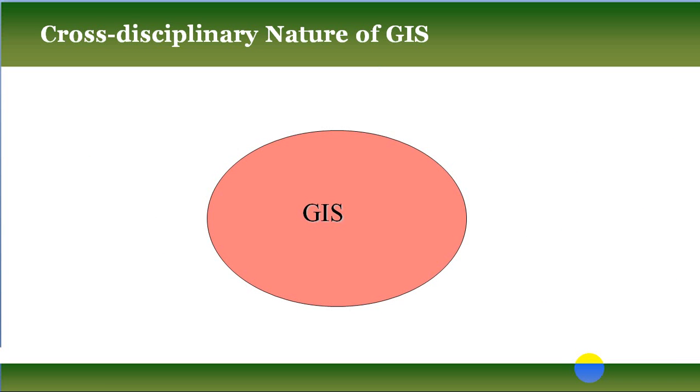So let's start. The first one is, as I already told you, a lot of people think that GIS is nothing but computer mapping technology. It is partially true because ultimately the output of GIS is mostly a map.